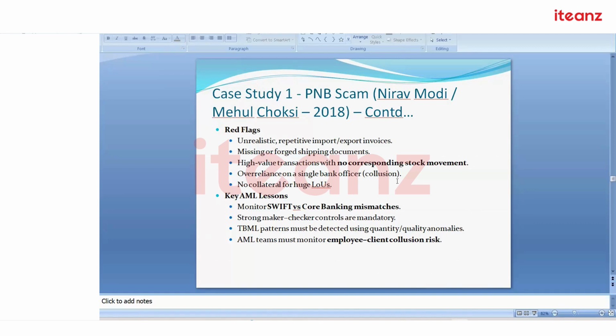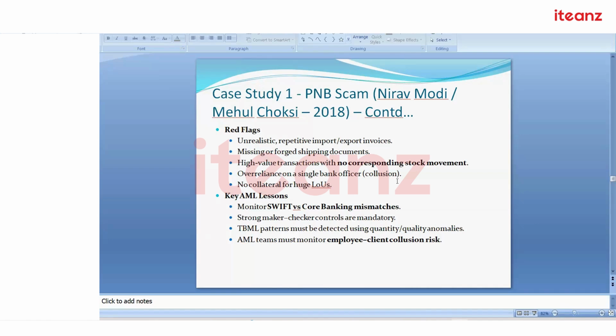It could be one single bank officer, multiple bank officers, or the branch manager, including the whole staff. Anything can be possible. In all the scams that happen, there will be an insider. Not in all cases, but in maximum cases, there will be some insider.